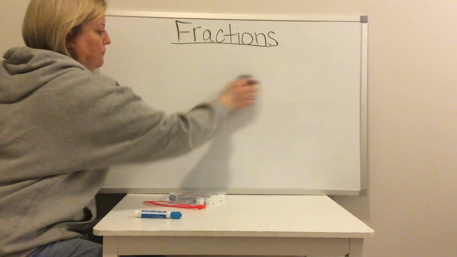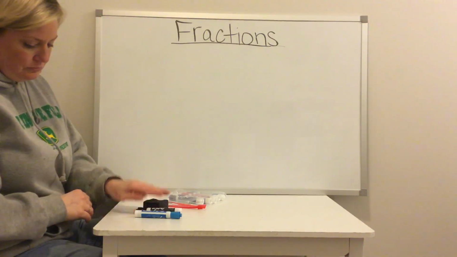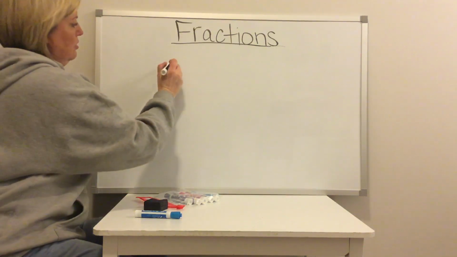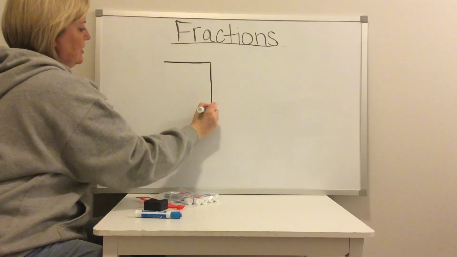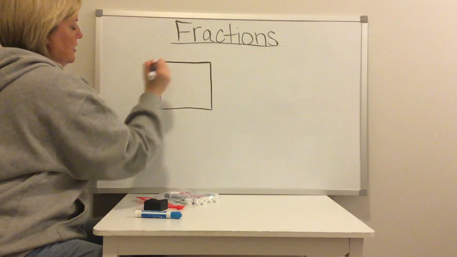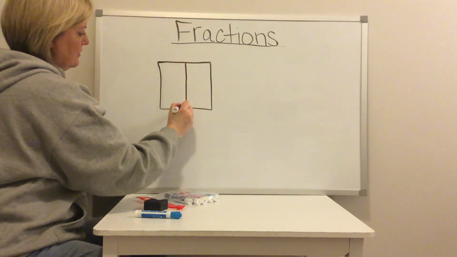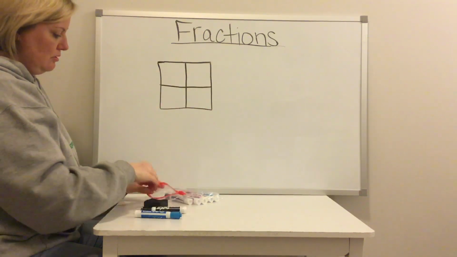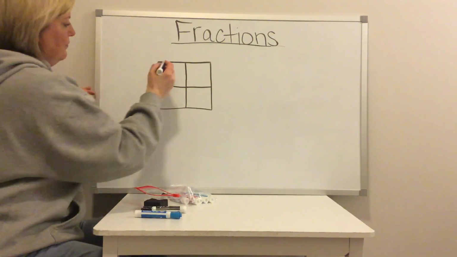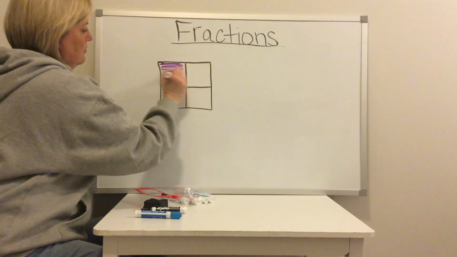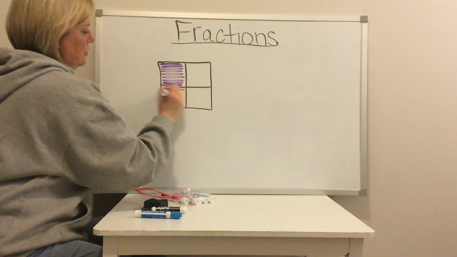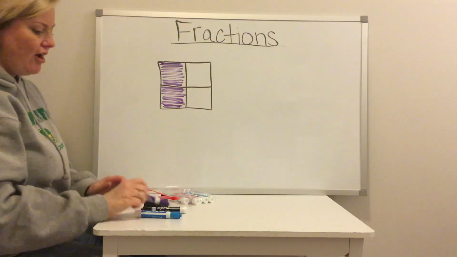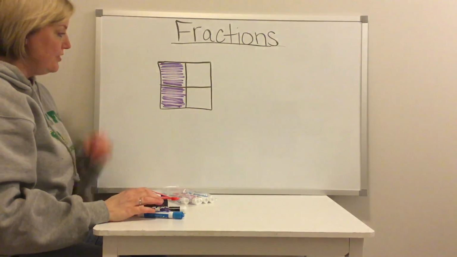Now, I'm going to give you a shape, and I'm going to divide it into a certain number of pieces. And then I'm going to shade in a certain area. And now we're going to talk about what our fraction would be for this shape.